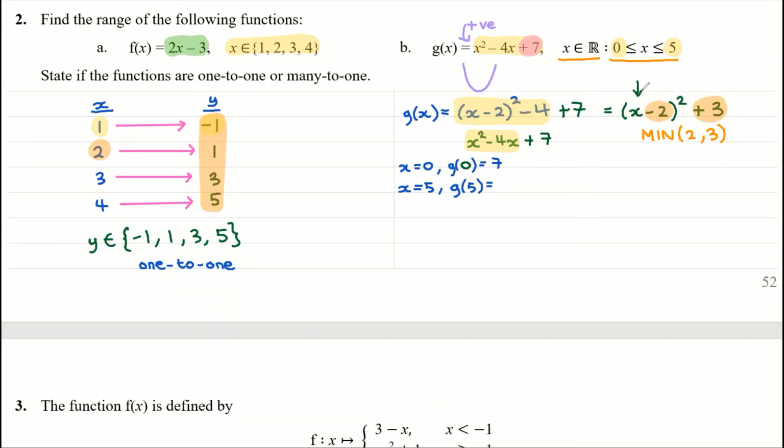Square that is 9. Plus 3 is 12. Now, let's have a go at drawing the graph. So I'll put some axes on here. We've got enough space, I think. I'm just conscious my minimum value is at 2, 3.